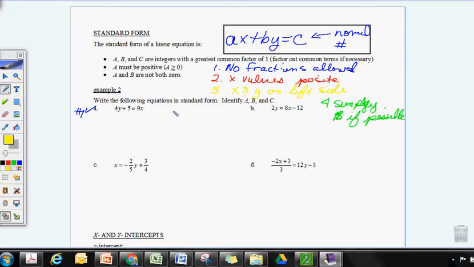So first I'm going to subtract 9x from each side, because I need to move that over, and I'm left with negative 9x plus 4y plus 5 equals nothing on this side. This 5 needs to be on the other side. So negative 9x plus 4y is going to equal negative 5.